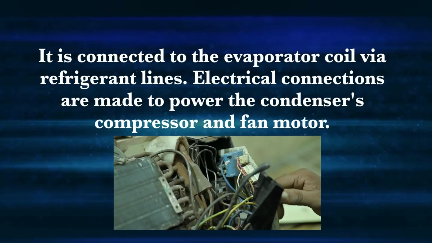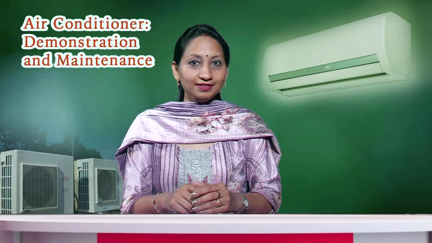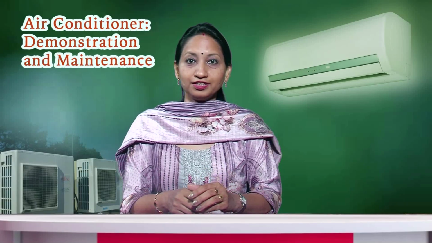It is connected to the evaporator coil via refrigerant lines. Electrical connections are made to the power, the condenser's compressor and the fan.